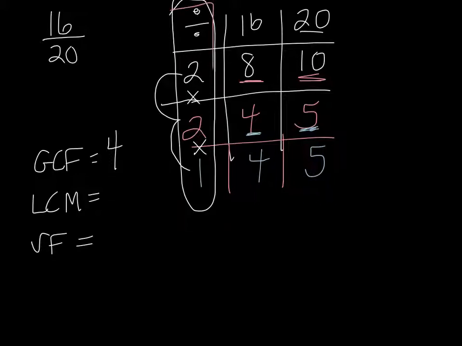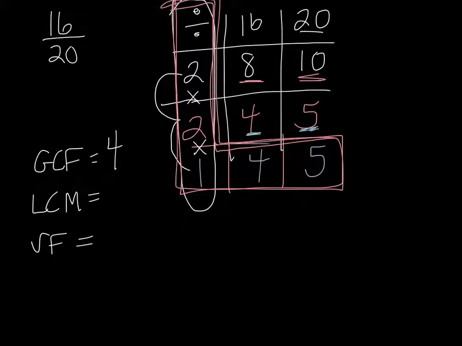Next, I'm going to make my L to find the LCM. So the bottom row and everything under the division sign. And once again, I'm going to multiply everything inside of the L. So 2 times 2 is 4. 4 times 1 is 4. 4 times 4 is 16.